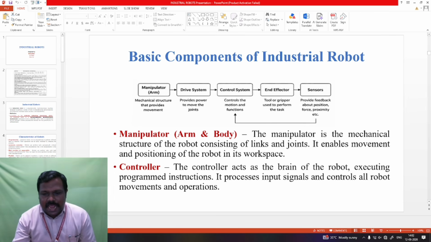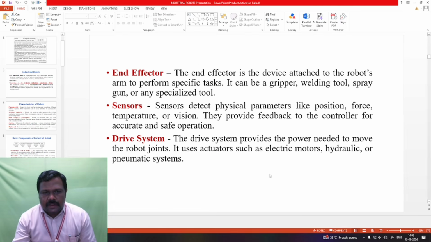The controller acts as the brain of the robot, executing programmed instructions. It processes input signals and controls all the robot movements and operations. The end effector is the device attached to the robot's arm to perform specific tasks. It can be a gripper, welding tool, spray gun or any specialized device.